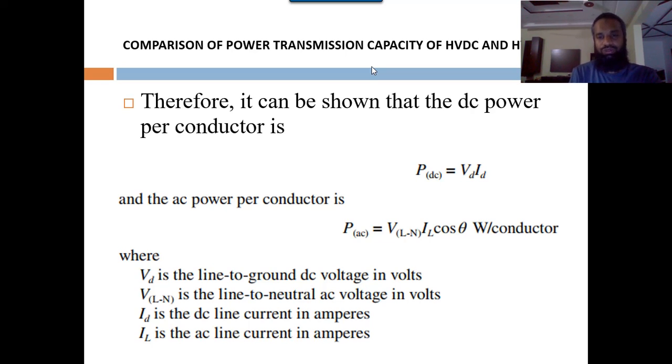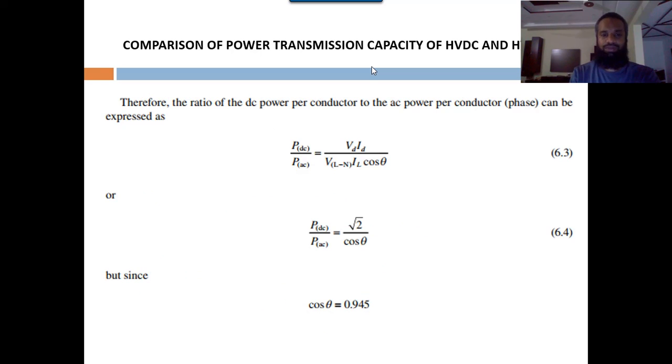Therefore, it can be shown that the DC power PDC is equal to voltage DC times current DC, while the AC power is the line-to-neutral voltage times current times cos θ. So cos θ is basically the power factor. Therefore, the ratio of the DC power per conductor to the AC power per conductor can be expressed as PDC over PAC.